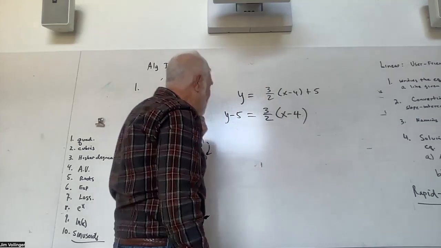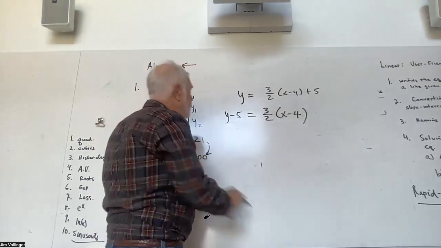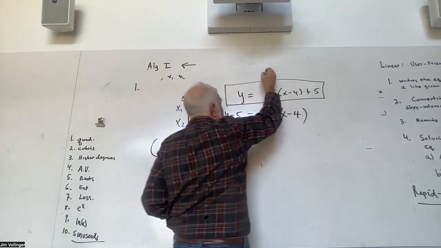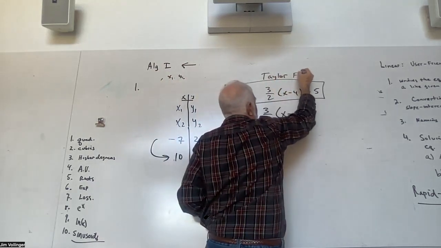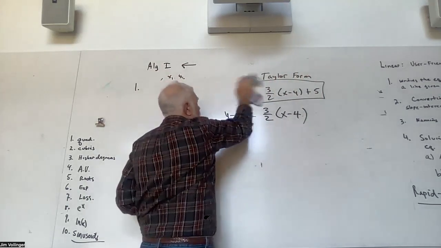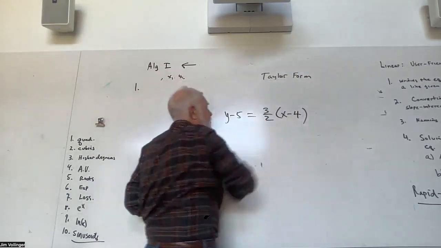All right, so that's question 1. Writing the equation of a line given 2 points. What do you want to call this? I don't know. I think it's the Taylor form. How do you get from one place to the next? Taylor polynomials. All right, that's coming your way in a few years, provided you get a good enough foundation.